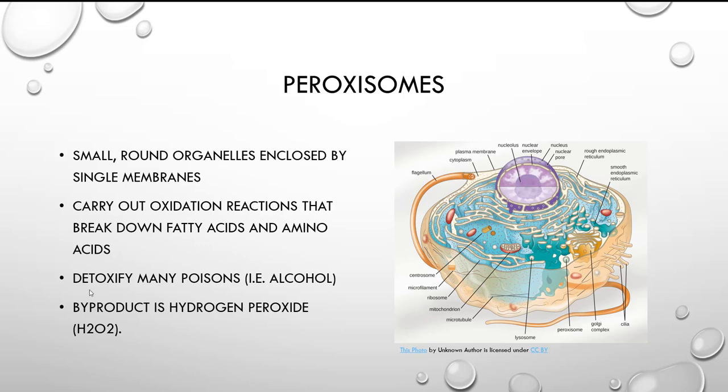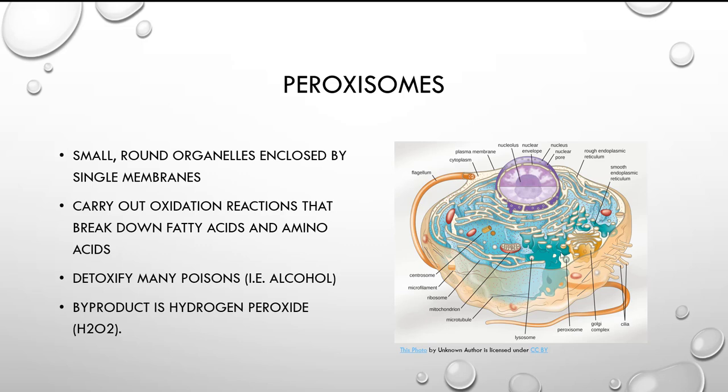They can also detoxify things like alcohol, and because they contain some enzymes, their byproduct tends to be hydrogen peroxide. So hydrogen peroxide is H2O2, and that can be further broken down into water.